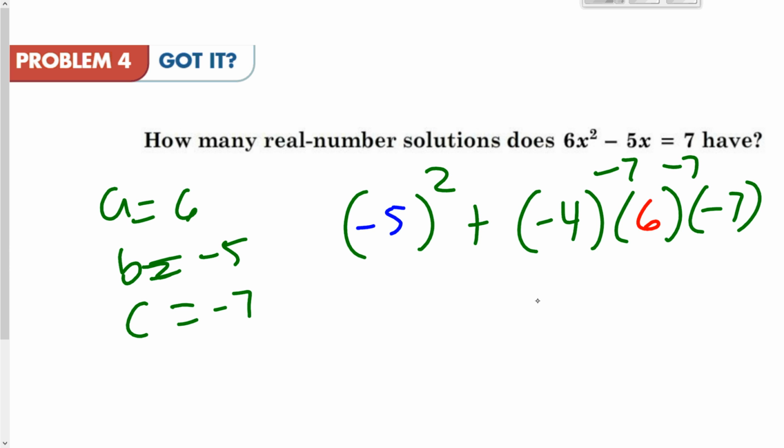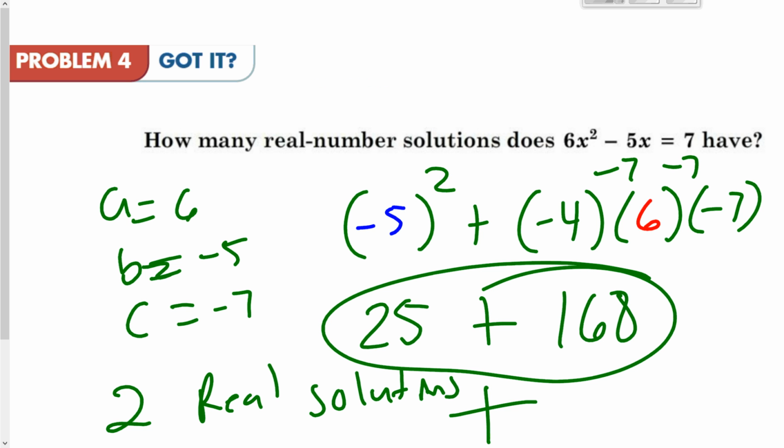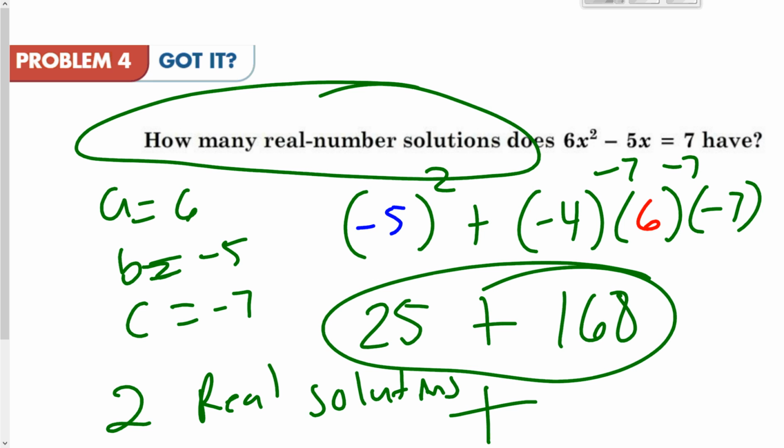So that is going to get me a positive 168. And then I'm going to take -5 squared. Again, any number squared is always positive. So we both have positives here. So when I'm adding, I'm going to get a positive. So I have 2 real solutions. So that's when you ask how many solutions do you have? All right, and that's it.